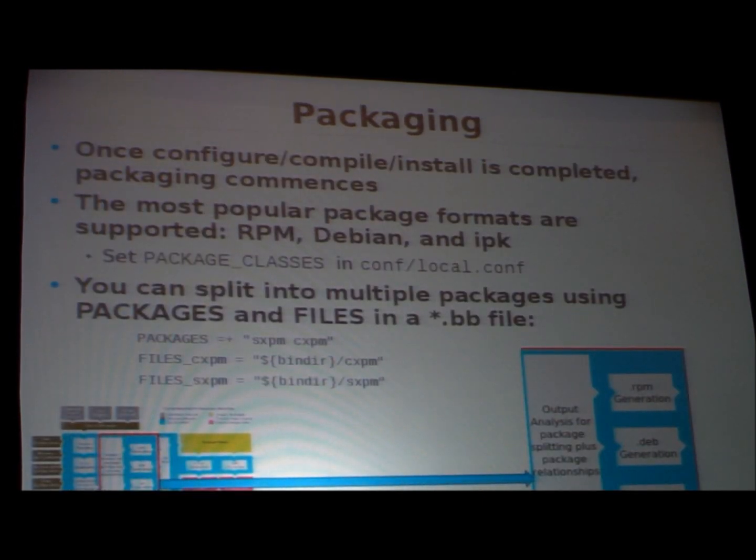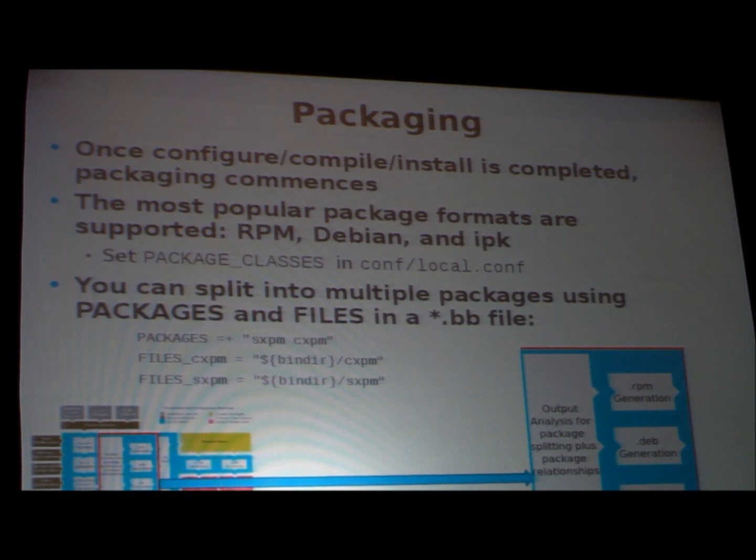So as I said earlier, one of the things with Poky and the Yocto Project is that once you've got everything built, it will install it locally in each recipe. Each recipe generates its own directory, and within that directory is where the build occurs, and the install occurs, all locally in that directory.